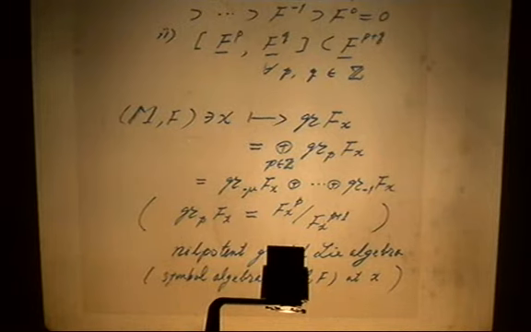Of particular importance is that to each point x we can associate a graded object, obtained by simply taking the gradation. F_x denotes the fiber over x of F. The gr^p F_x is defined to be the factor spaces, and gr F_x is the direct sum of the gr^p F_x.